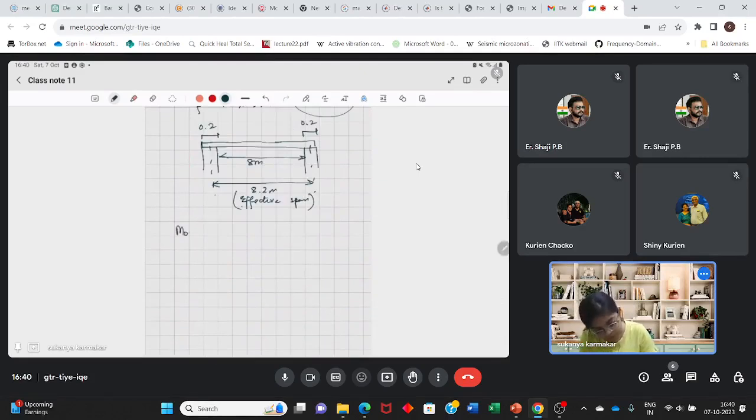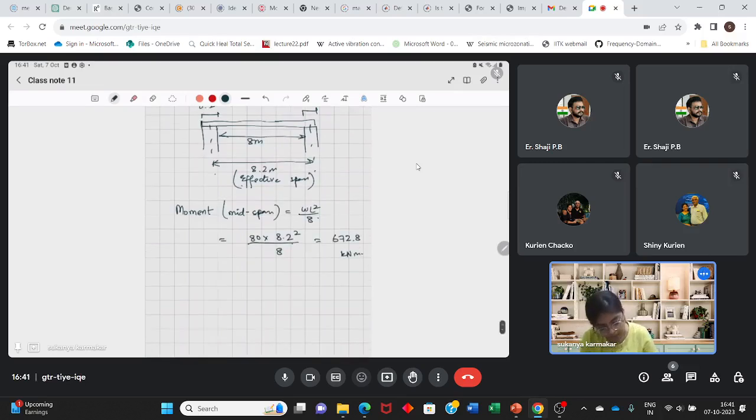The moment at midspan will be W into L square by 8. W is 80 and 8.2 meters square divided by 8, which is 672.8 kilonewton meter. And what will be the maximum reaction, the maximum shear force? It will be at the support. It will be W into L by 2, which comes out to be 328.